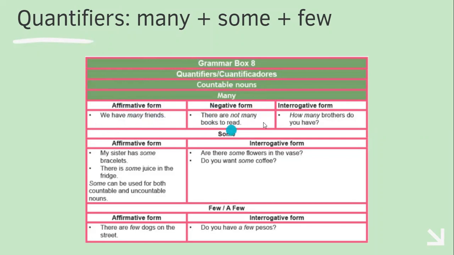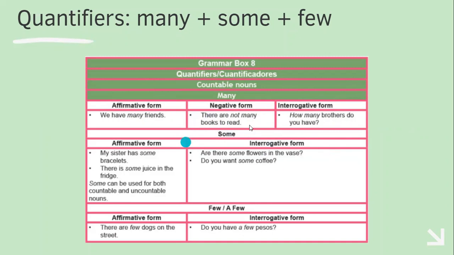And in the negative form, we have there are not many books to read, okay? And in the interrogative form, we start with the WH question word. How many brothers do you have, okay? Entonces, many es una palabra que cuantifica, o sea, cuántos amigos hay, cuántos libros hay para leer, etc.